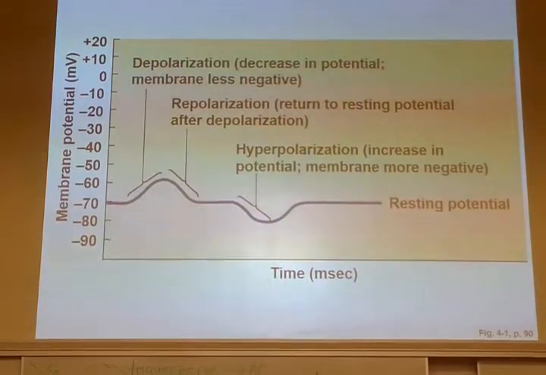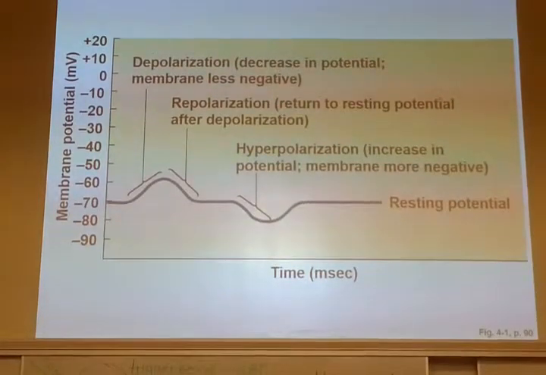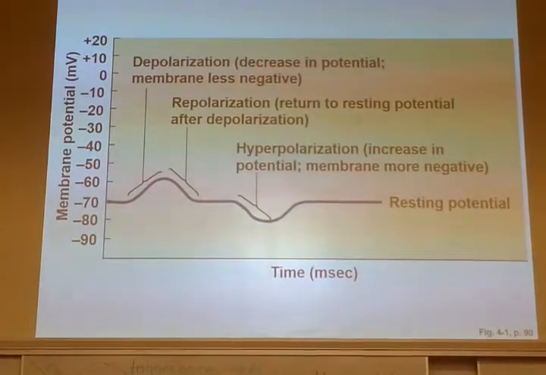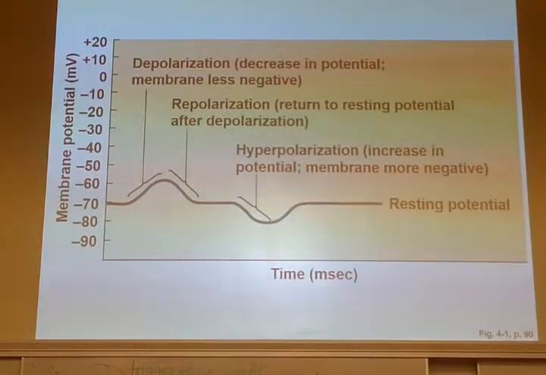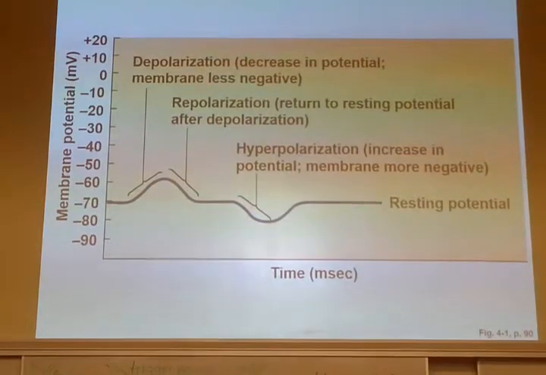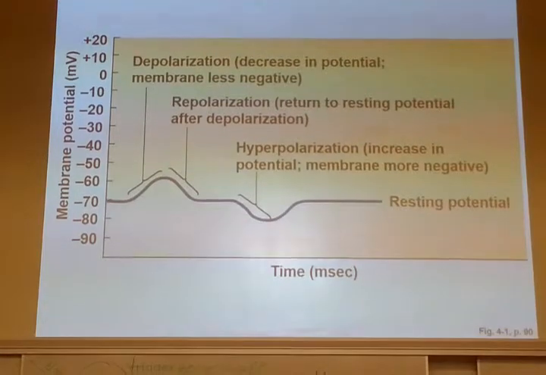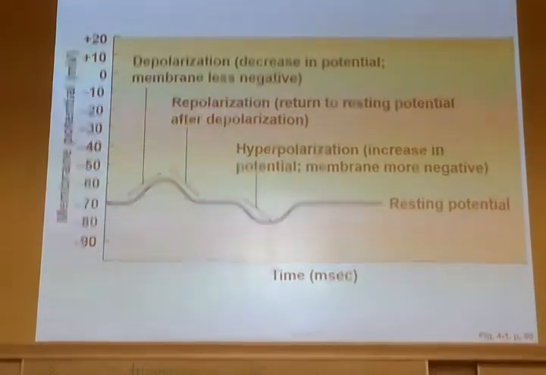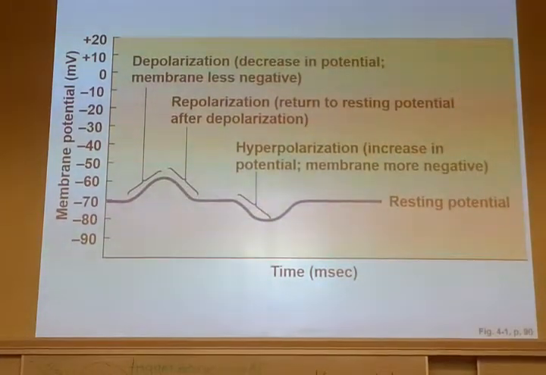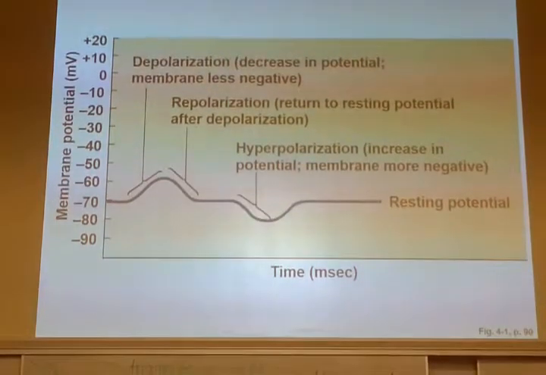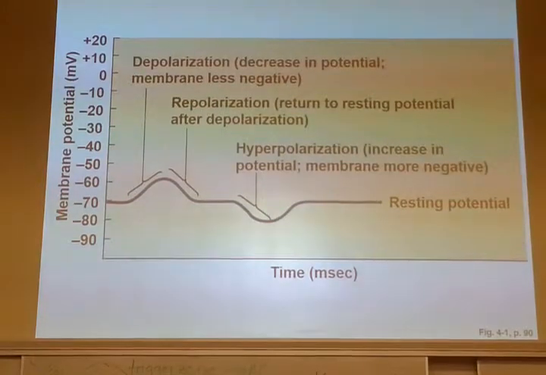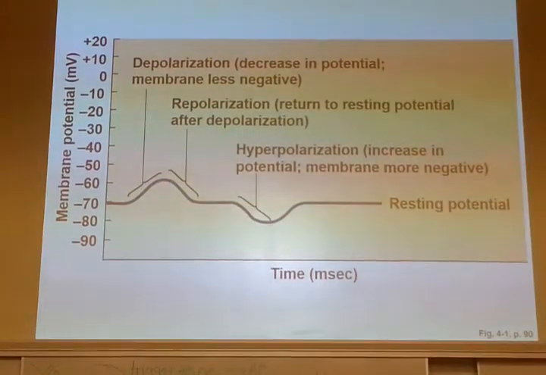The relative refractory period is where if your incoming stimulus is larger than the one that made the first action potential, then you can get to threshold. So you have to try and figure out, and there are arguments, where the absolute ends and the relative begins. You'll see textbooks say different things.